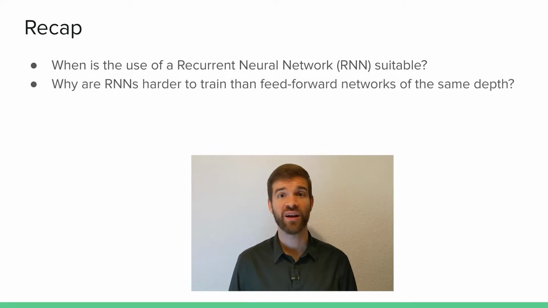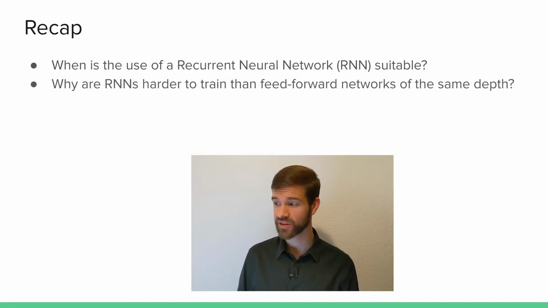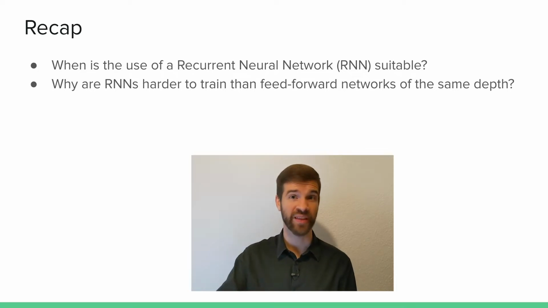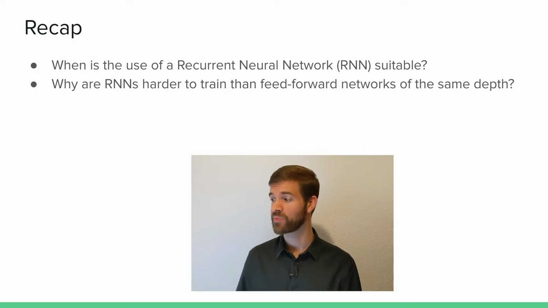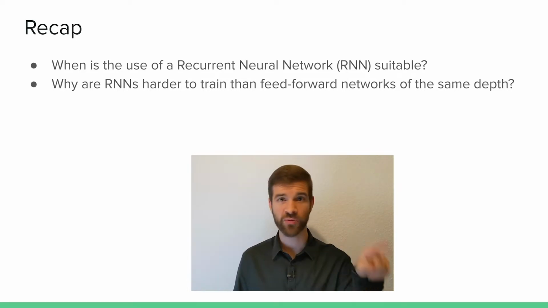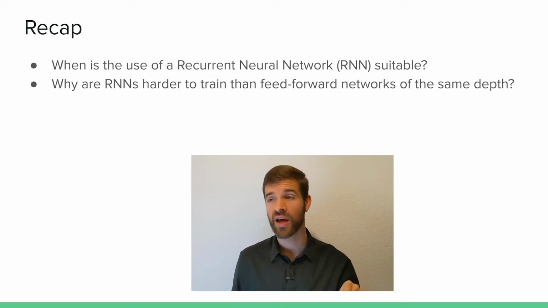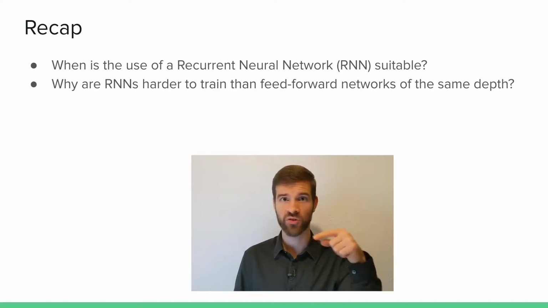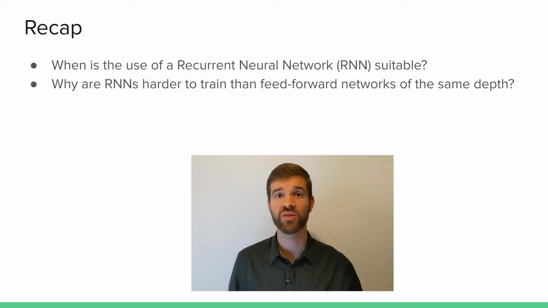Why are RNNs harder to train than feed-forward networks, even if they have the same depth, the same number of layers? The problem is that with parameter sharing, the input in a simple recurrent neural network just gets fed back into the same layer over and over again. If you have a plain recurrent cell which has one output that is directly fed back into the input, whatever value you feed in there gets multiplied by the same matrix over and over and over again.